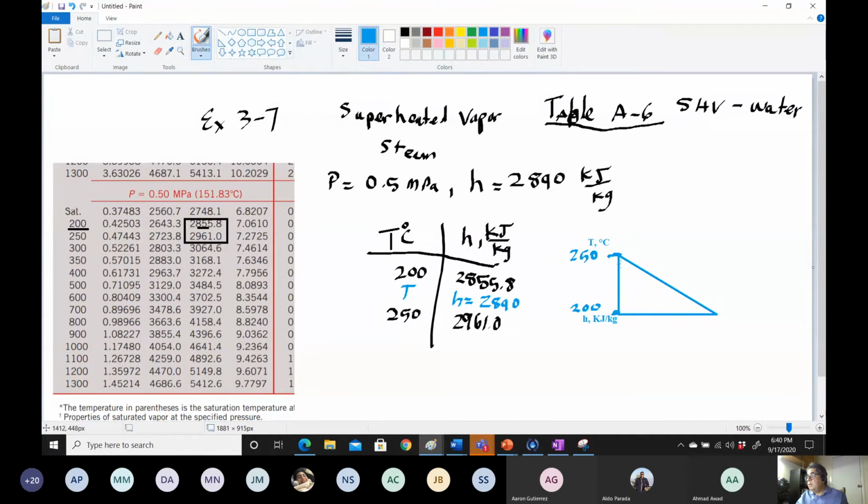So at 250, my enthalpy is... but I think I have this backwards.